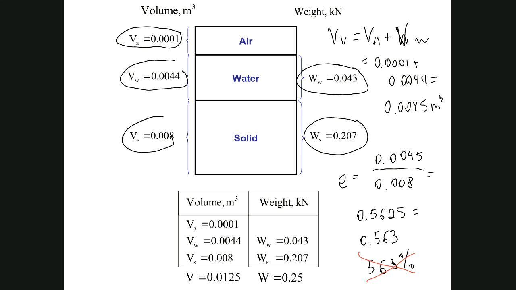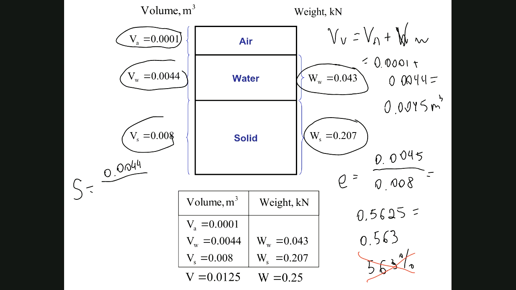Okay. What about degree of saturation? That's one of the things that we need to find. What are the numbers right here? Can anybody give me the numbers? So degree of saturation shows how much water is in the voids. So we'll look at the volume of water, right? Yes, it's going to be 0.0044.